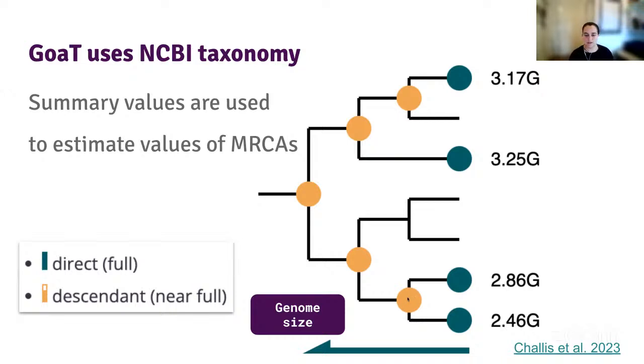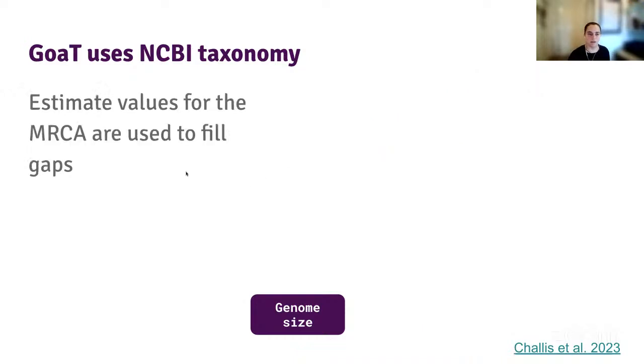So that's what you see as the estimates from descendants. It will show up in orange. There is a color code in GoaT that you can see on the table when you use the UI. And so it goes back on the tree. Wherever there is no data, it keeps filling up with this summary value.